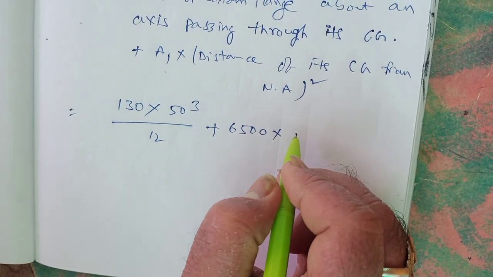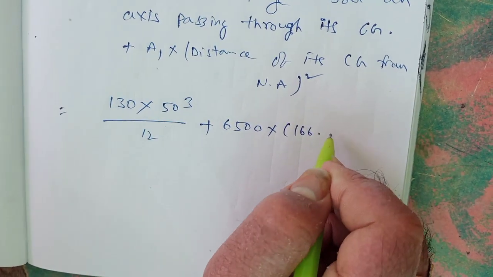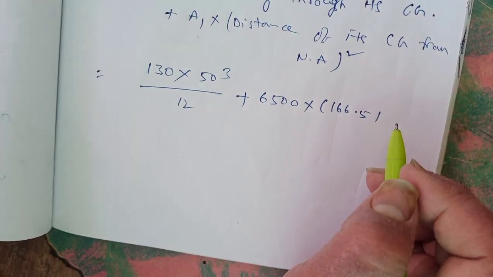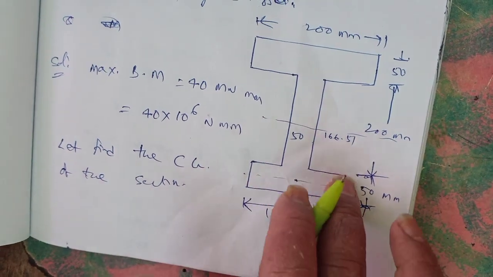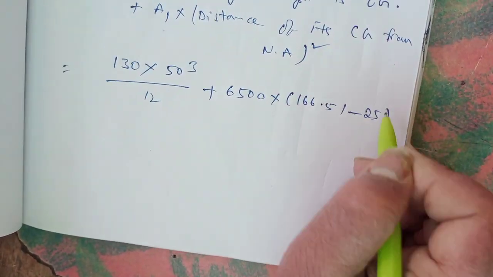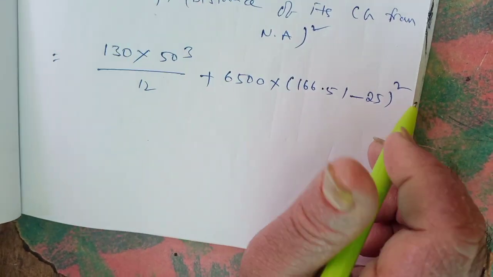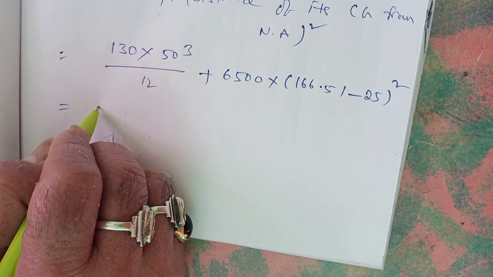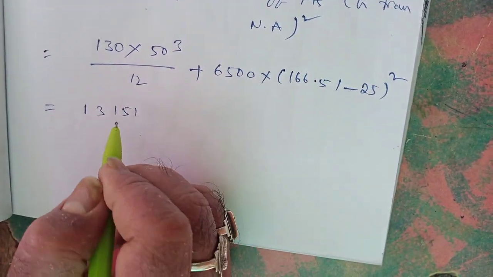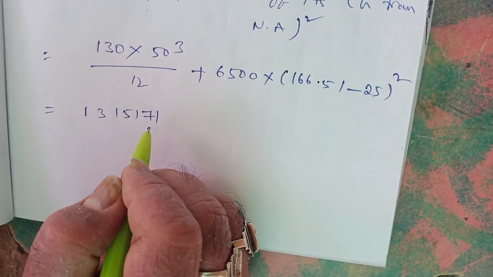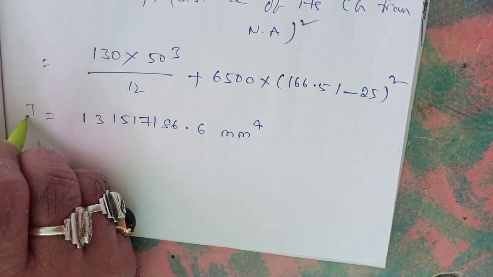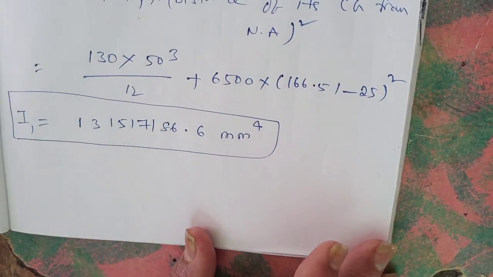So into 166.51 minus the first flange CG, which is at half of the height, that is minus 25, square, which is equal to 131 51 71 86.6 millimeter to the power of 4. So this is I1.